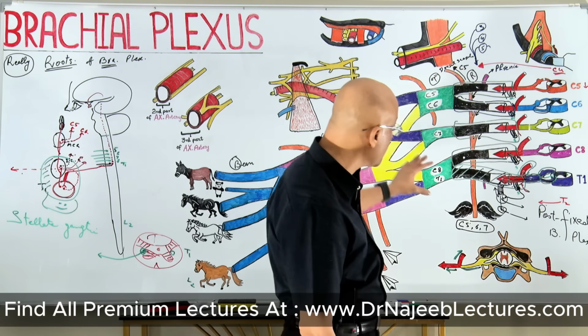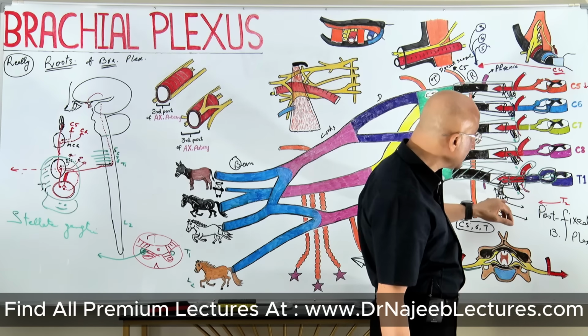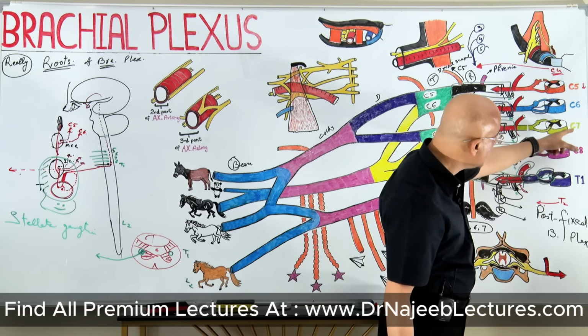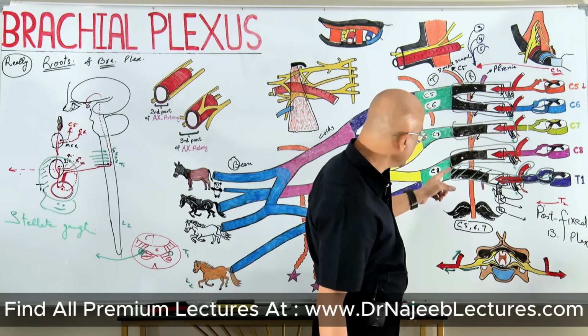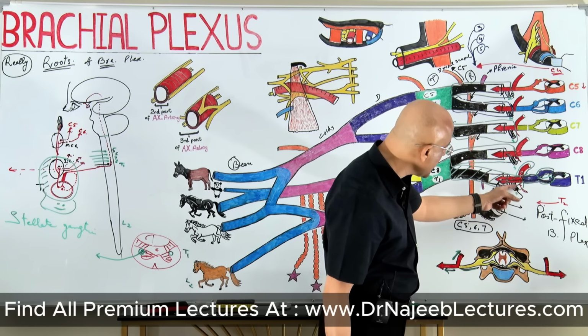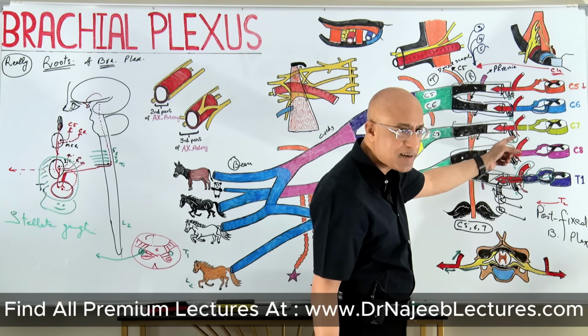And now we have told you from where these fibers come. The postganglionic fibers are added to the lower three, the C7 root, C8 root and T1 root, from the gray rami which are derived from the stellate ganglion.